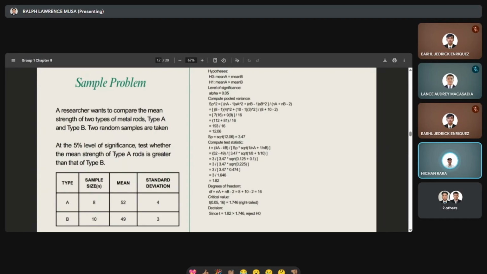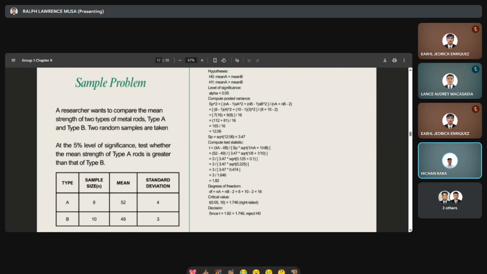Then, ang makukuha natin is 16. Then, critical value, 1.746. Yung gagawin mo dyan is yung degrees of freedom mo, i-match mo dun sa level of significance natin. So, ang makukuha natin is 1.746.